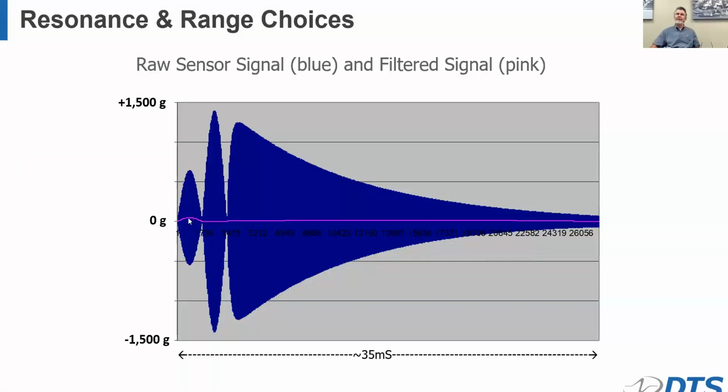In this case, the data we care about was maybe 200 Gs at the most, but we're actually seeing almost 3,000 Gs peak to peak of information there. So the key takeaway there is we need to set the DAS to a much higher range than we might expect to measure.